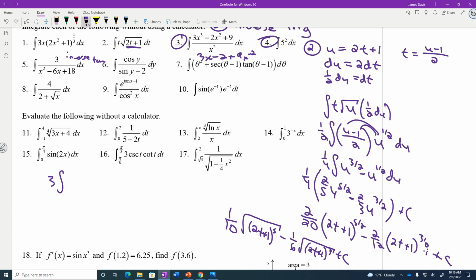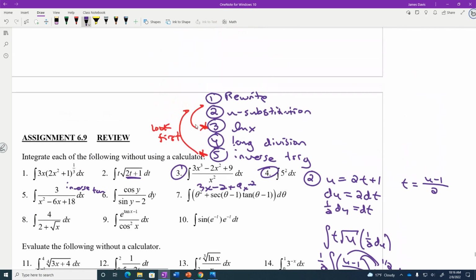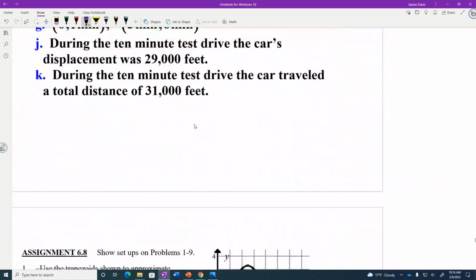If it is on the test, then I'll make a bonus or something, because I don't foresee this actually ever being on the AP test. But anyhow, you're gonna pull the 3 in front, so we'll write it as 1. And then you actually have to write the bottom as something squared plus something squared. Let me show you. Our inverse tan, I'll show you real quick.